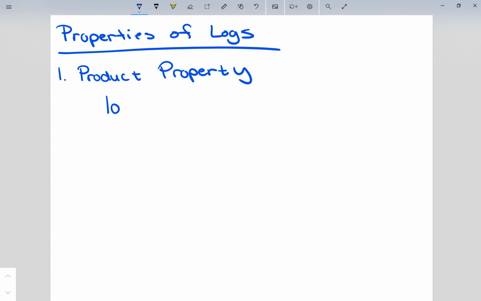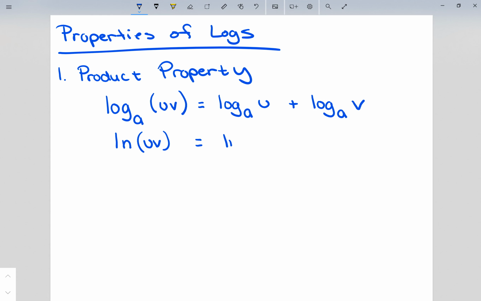If I have log of base A of UV right here, I can expand this by using addition. And that would be the same thing if I had a natural log of UV. I could expand that and say natural log of U plus natural log of V. So that is your first property.